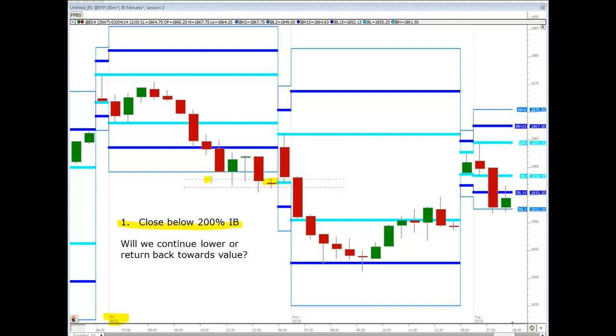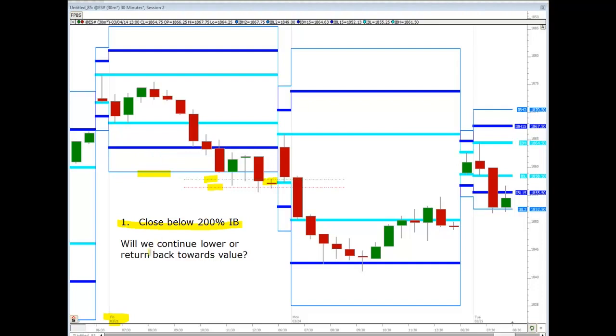We have a green dotted line above it, a red line below it. And we know that this is where we closed. That's fact. And notice here's my IB 200% line. We closed below it. Naturally, that is a very bearish close. We closed below the 200% IB of the Friday day trading session.